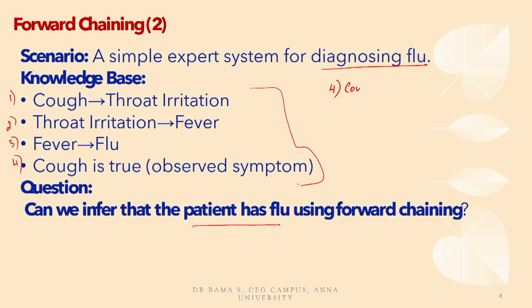The first one is cough implies throat irritation. If there is cough, then there is throat irritation, and cough is true. Suppose we take rule 4, cough is true, and then the first one, cough implies throat irritation. I am just naming it as TI for shortening.